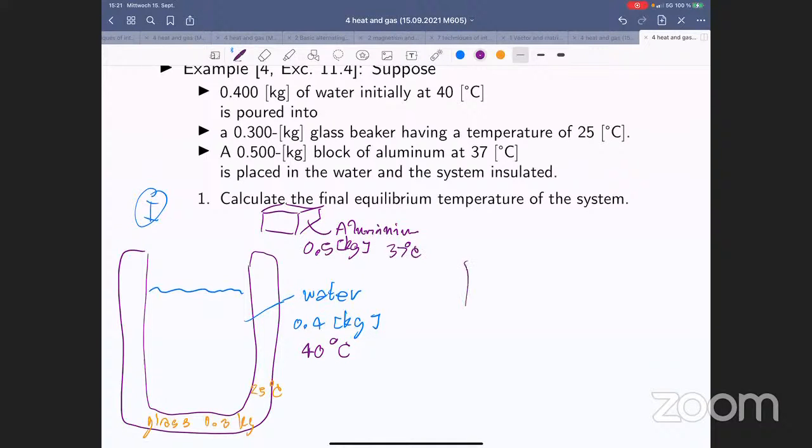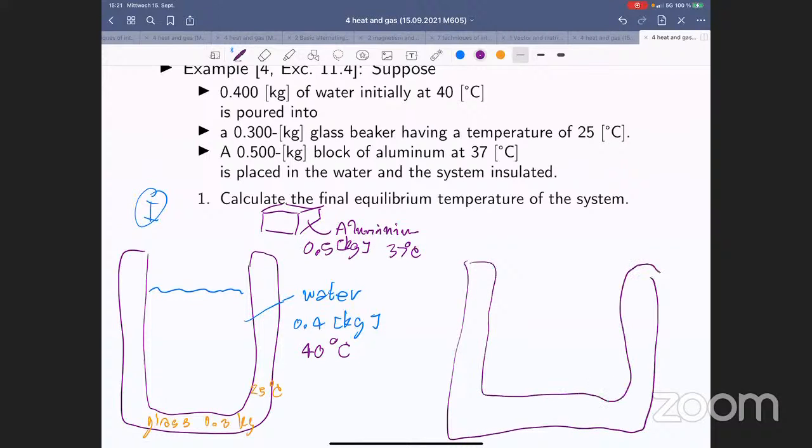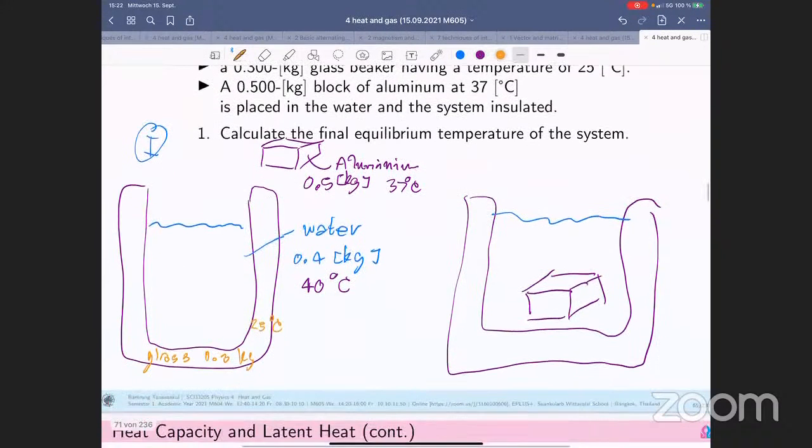Okay, and now you combine all of this stuff together, and have it here, right? And the piece of aluminum stays at the bottom of this glass, right? And they ask you, all these 3 things will have the same final temperature, which is TF.